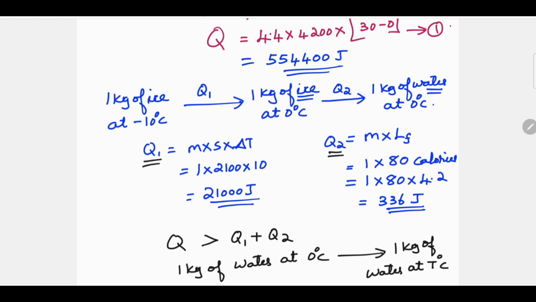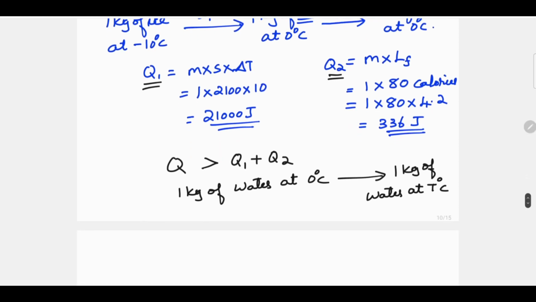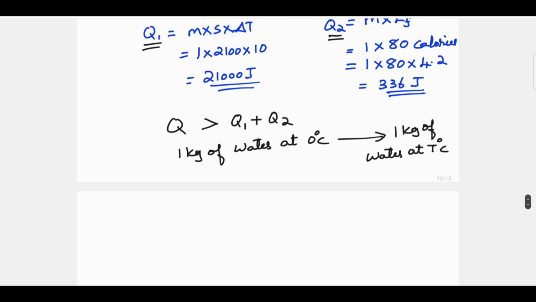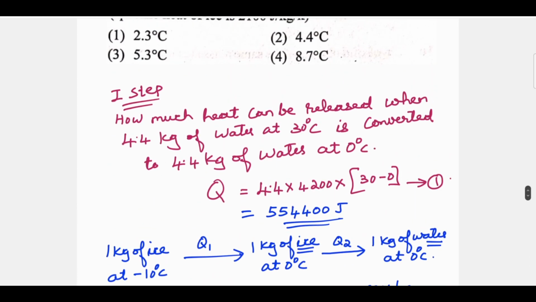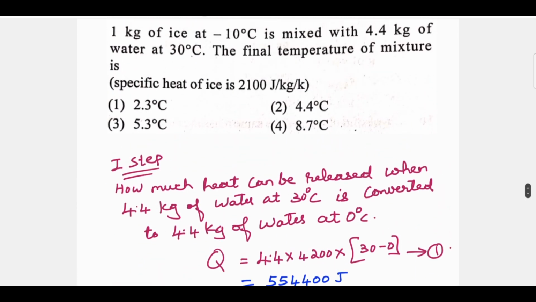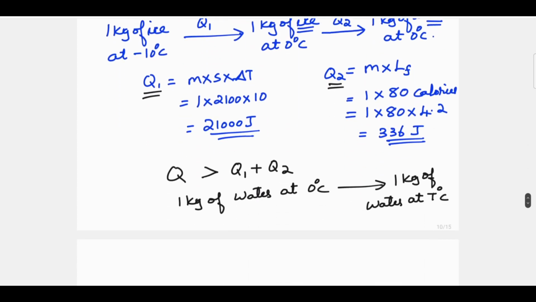So after this checking step, now we can apply the calorimetry principle. Heat lost by a hot body equals heat gained by a cold body. Here heat is lost by whom? 4.4 kilogram of water at 30 degrees Celsius.